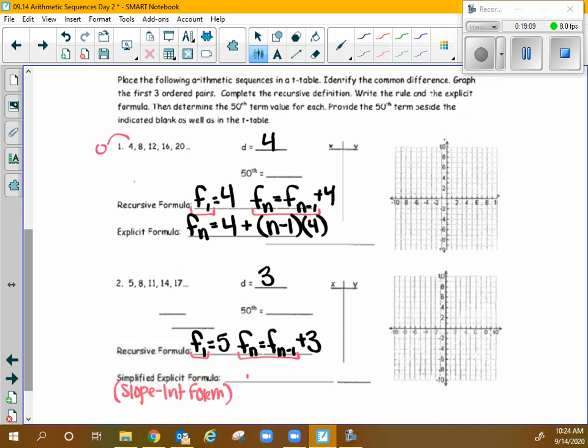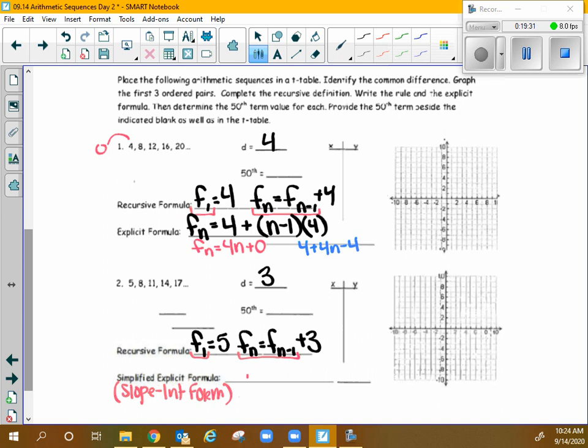So my simplified version would be 4n plus 0, or just 4n, right? What would happen if I did distribute that? Okay, so 4 plus 4n minus 4.